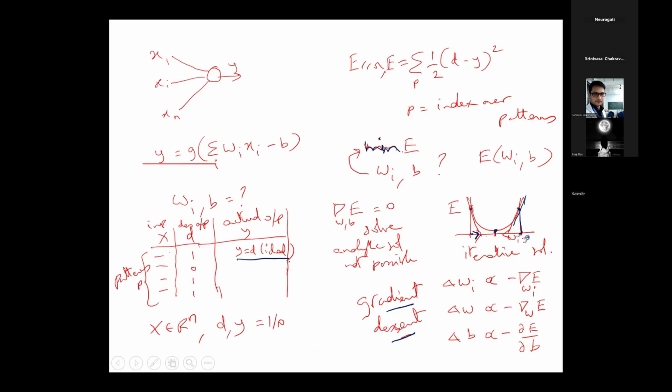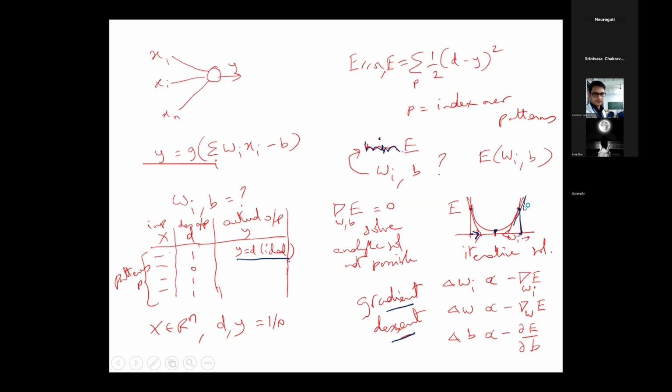Now, how do you change Wi so that you go to the lowest point of the bowl? Let's say your initial Wi is some random value. The question now is, do you move left or right? How do you decide that? In this case, I'm on the right of the minimum, so I have to move to the left, which means I have to reduce Wi.